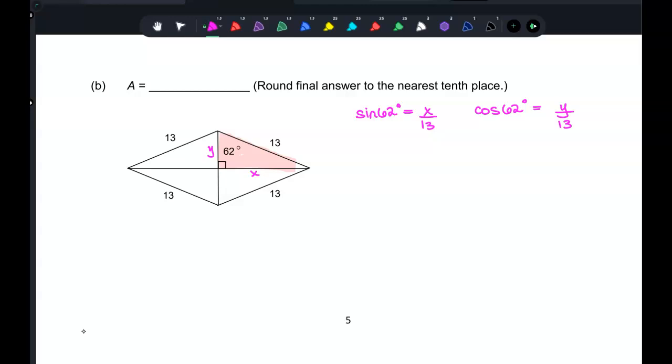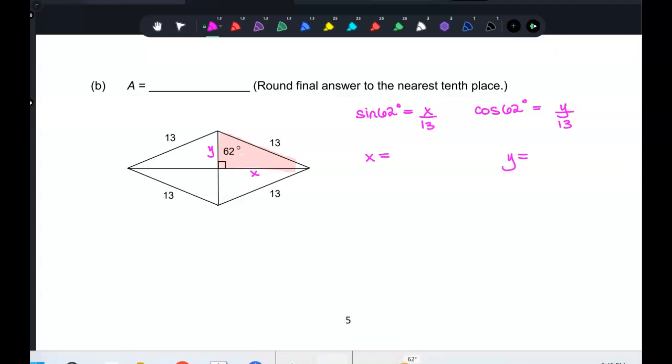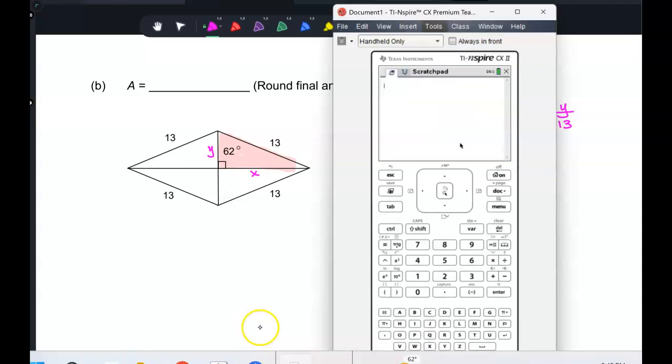Now remember, we're going to round the final answer to the tenth place. So we either want to round to like 2 or 3 decimals here for accuracy, or we can copy and paste from our calculators. So here, let's see.